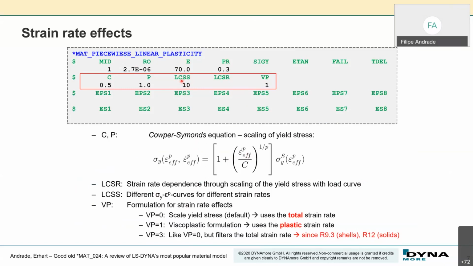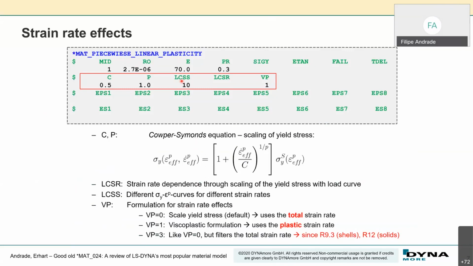And I think most customers are using this option. It's also the option I'm most familiar with in actual problems. So I also suggest you to use that. It gives you also more flexibility when defining the strain rate dependence. In the meantime, at least in my experience with steels, a simple scaling of the quasi-static hardening curve is not enough to fully describe the strain rate dependence of the material.